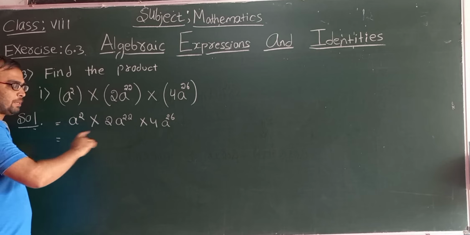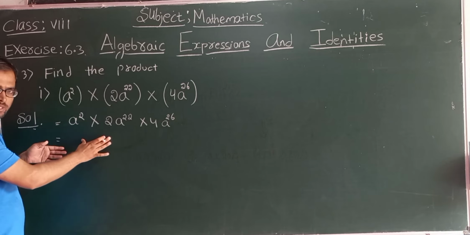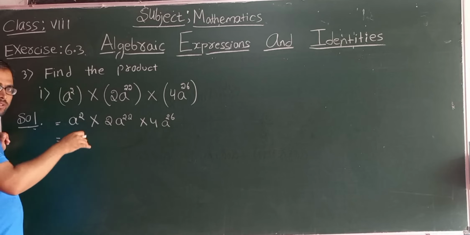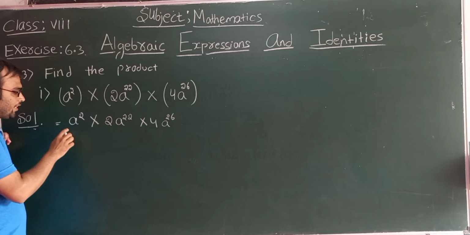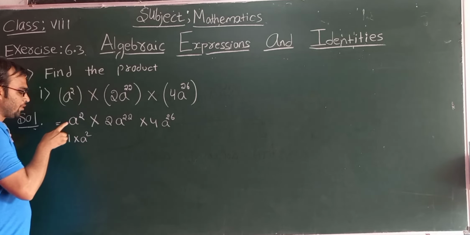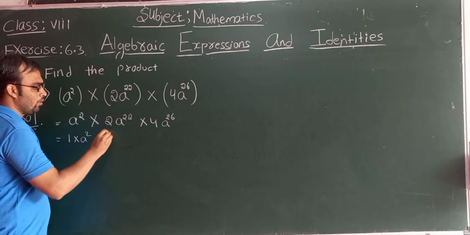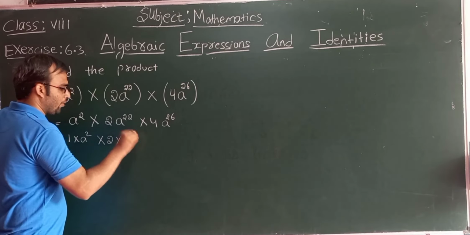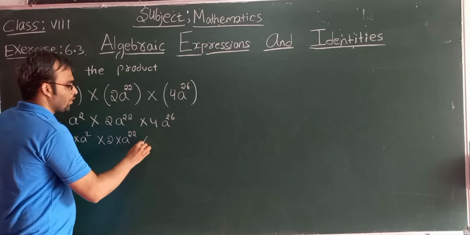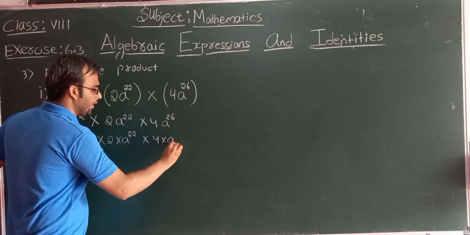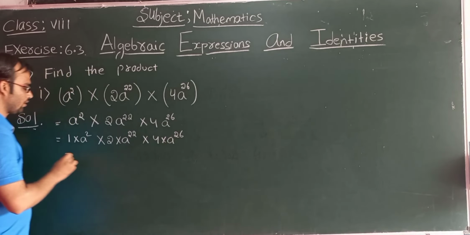You can finish this problem up to this step, but we'll solve it to make you understand easier. Look here. A square means 1 into A square, 2a to the power 22 means 2 into a to the power 22, and 4a to the power 26 means 4 into a to the power 26.